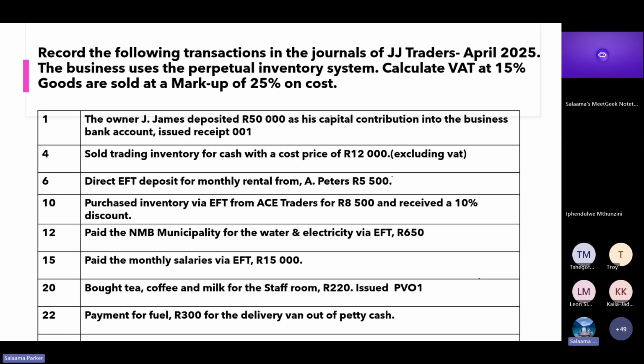Maybe I'll just give you 2 minutes. The last transaction is the one for fuel out of petty cash. Okay, so according to the dates, you can give me your answers. Where are we going to be recording the transactions that will go into the CBR, which is the cash book receipts? Which transactions will go into the cash book payments, and which one will go into petty cash?